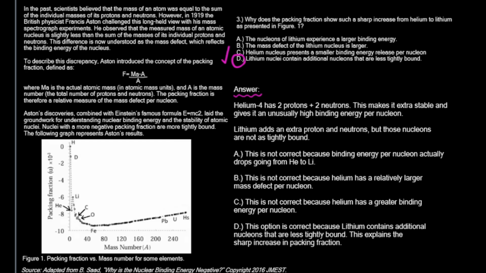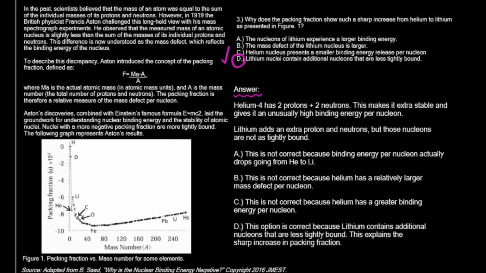A is wrong because binding energy per nucleon actually drops going from helium to lithium. Answer choice B is also not correct because helium has a relatively large mass defect per nucleon. Answer choice C is not correct because helium has a greater binding energy per nucleon.